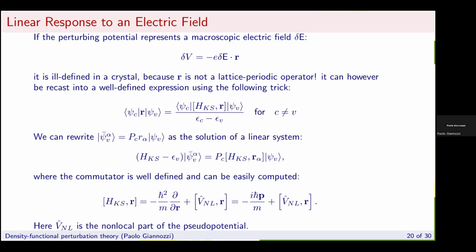This matrix element, psi c R psi v, can be recast into an object that can be relatively easily computed by introducing the commutator of the Kohn-Sham Hamiltonian with the position operator R, and dividing by epsilon c minus epsilon v. This is well defined as long as the two states are different.